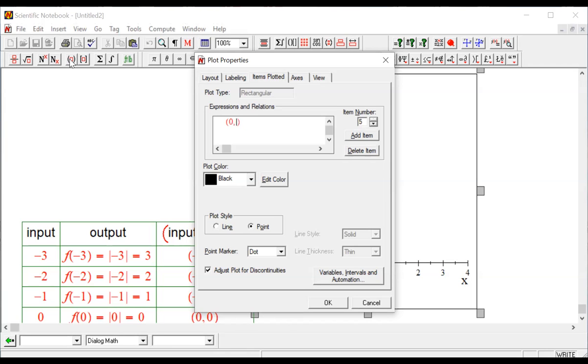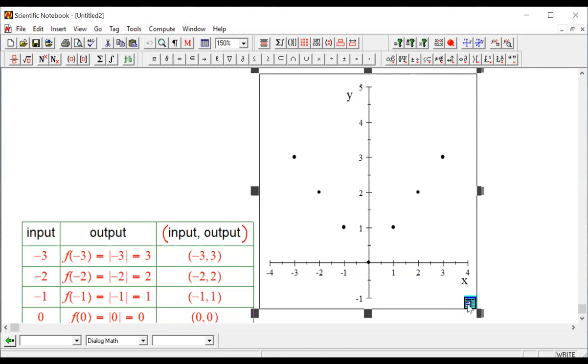Input 0, output 0. Input 1, output 1. Input 2, output 2. Input 3, output 3. We can keep going. We could choose fraction, decimal, whatever you like to choose.